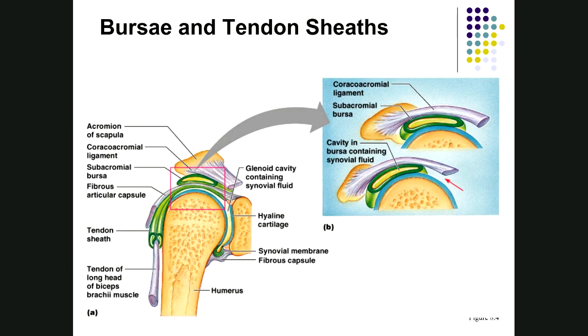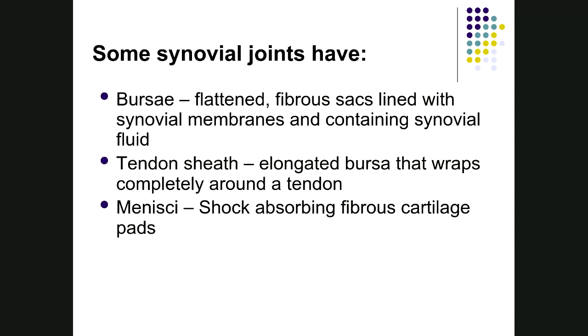And then one other thing that some synovial joints have is menisci. A meniscus is like a shock-absorbing pad. So think about this. If you sat in a chair all day long, working at a computer or something for hours and hours and hours, your rear end might get sore.